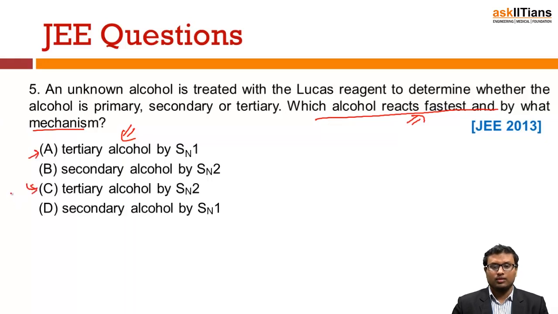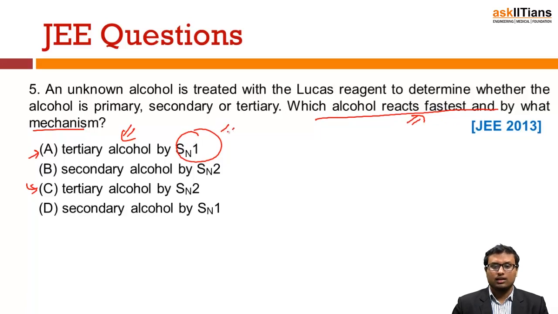But remember, in Lucas test, what is happening? You are getting alkenes, again a dehydration process. That means you will get a carbocation. And whenever this process happens, it takes place by a nucleophilic substitution of first order, because you have an intermediate compound which is a carbocation. So if the intermediate product is a carbocation, it will be an SN1 process.